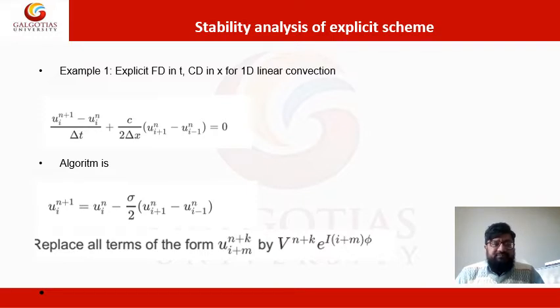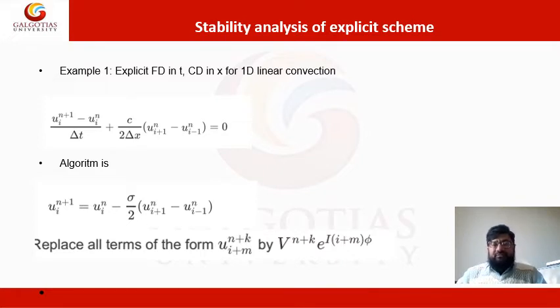So we get (u_i^(n+1) minus u_i^n) over delta t plus c times (u_(i+1)^n minus u_(i-1)^n) over 2 delta x equals 0. This is the difference equation, and our objective is to calculate the future value of u at every node. u_i^(n+1) is the future value, so our algorithm will become u_i^(n+1) equals other terms.